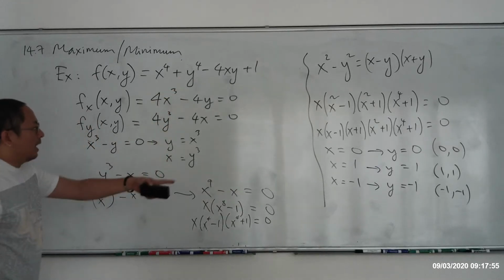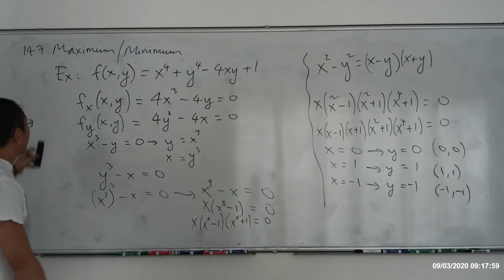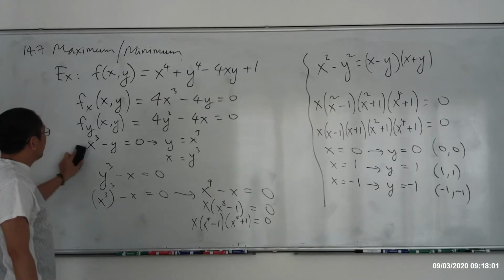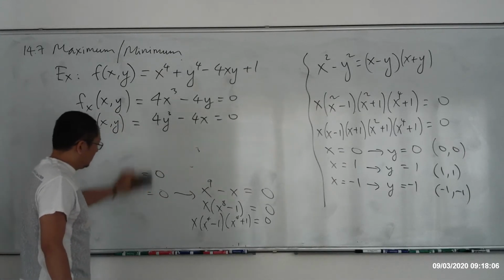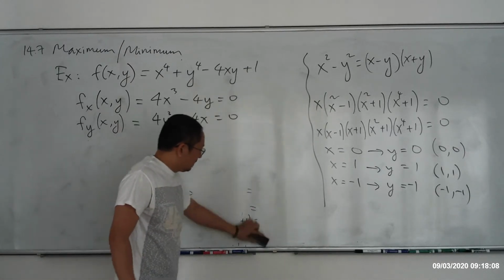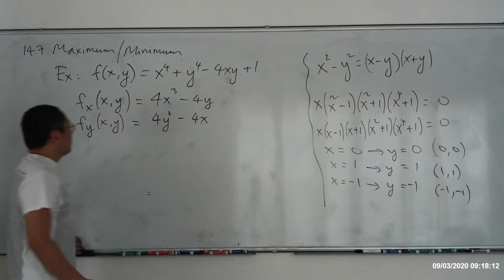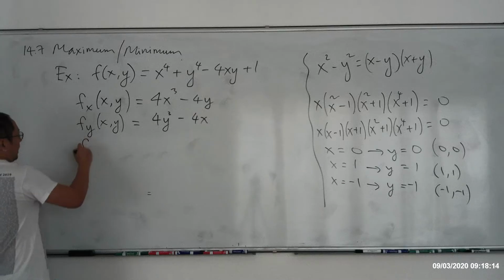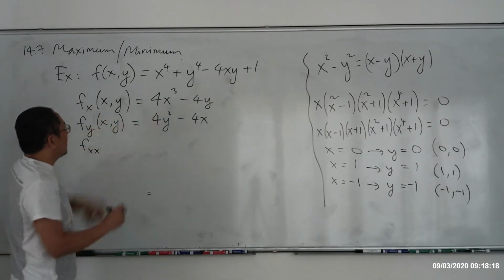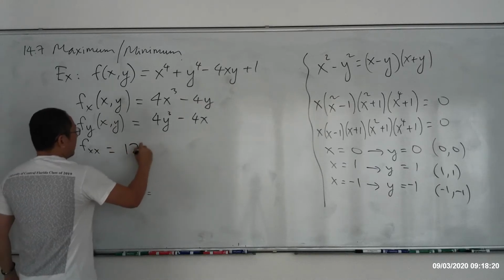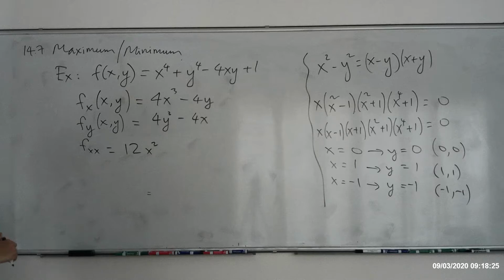Okay, so we have used the first partial derivatives, and we found 3 critical points. Now let's move on. I'm going to do the second derivatives. This is my first derivative function. So I'm going to calculate fxx. fx right here, fxx is going to be 12x squared. It's all y, so the derivative with respect to x is 0.